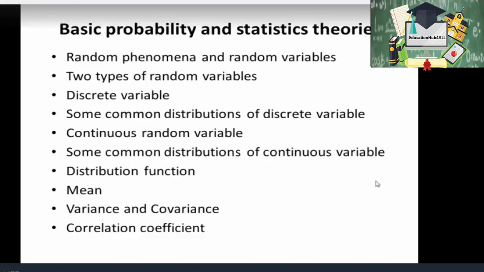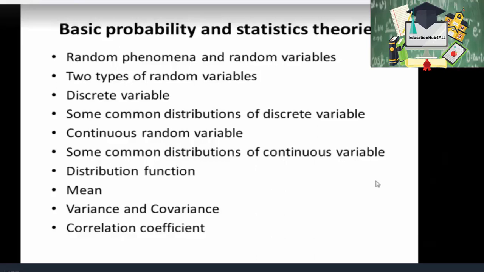Here are some basic theories regarding the probability. We know the random phenomenon, which means some variable we cannot control, and sometimes we can only see the final results, like the genetic or the yield.